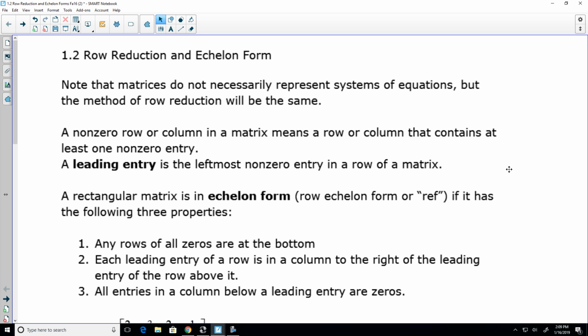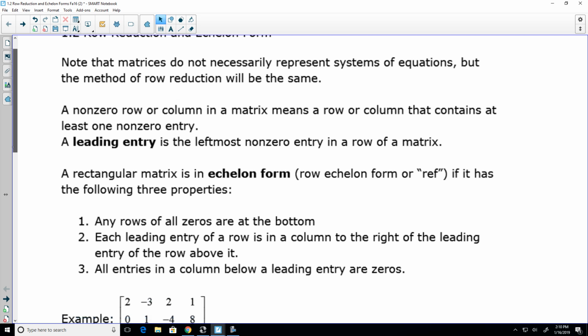That's what we're going to start with, though. But you could still do row reduction on a matrix, even if it doesn't represent a system. We'll still use that to our advantage to figure things out. So we're going to talk about row reduction of matrices and not necessarily about systems, but we'll relate it back to systems.